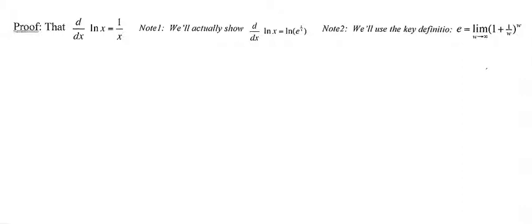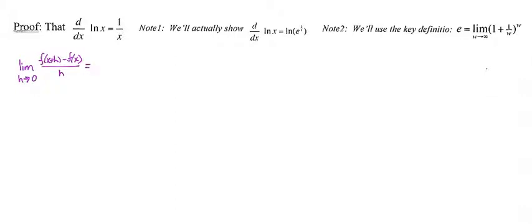So we're going to start by reminding ourselves of the second definition of the derivative. So if we're looking for the derivative of the natural log, well, we have defined that as the limit as h approaches 0 of rise over run, right? So we're doing f of x plus h minus f of x all divided by the run h.